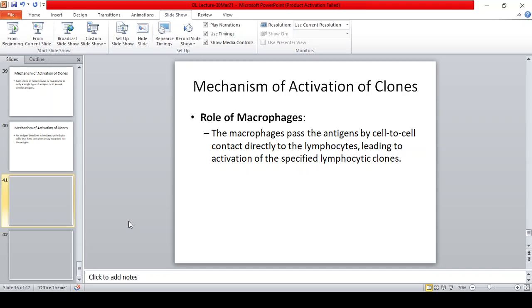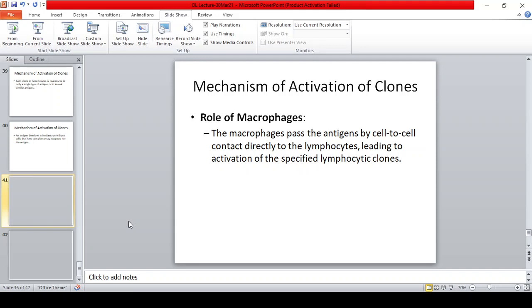And in the mechanism of activation of clones, the macrophages have a very important role. The macrophages pass the antigens by cell to cell contact directly to the lymphocytes, leading to the activation of specific lymphocyte clones. And we will study this in more detail when we study the T cell immunity or cell mediated immunity.